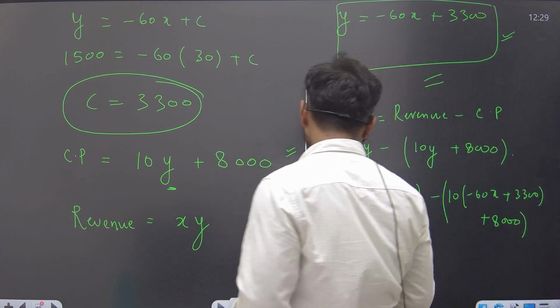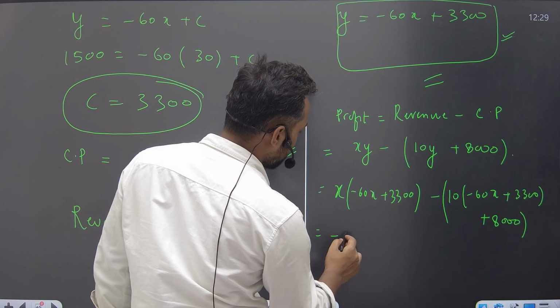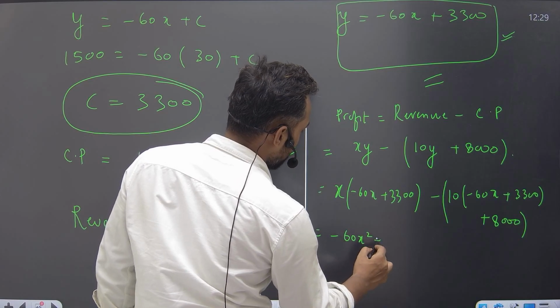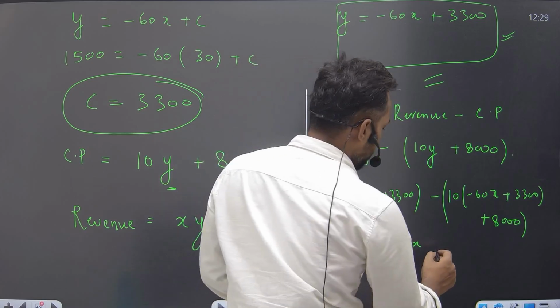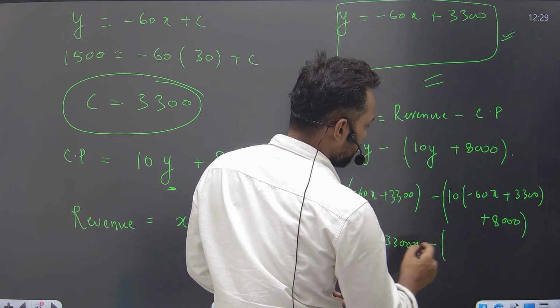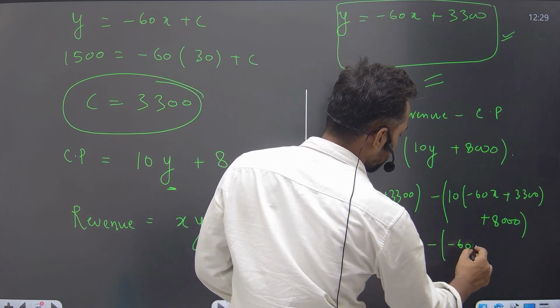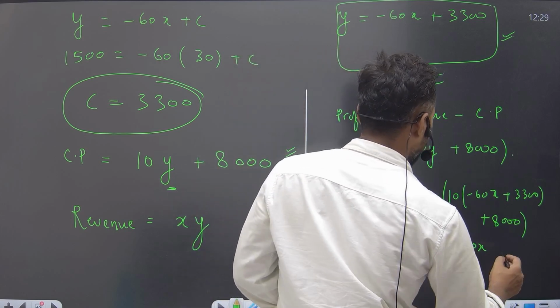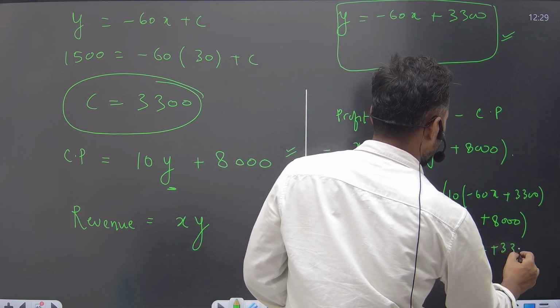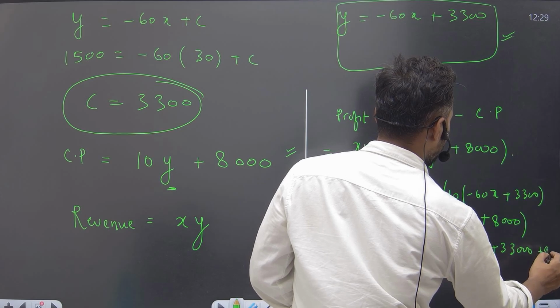So on solving it further, students, what will we get? 60x square plus 3300x, minus, in brackets, you will get minus 600x plus 33,000 plus 8,000.